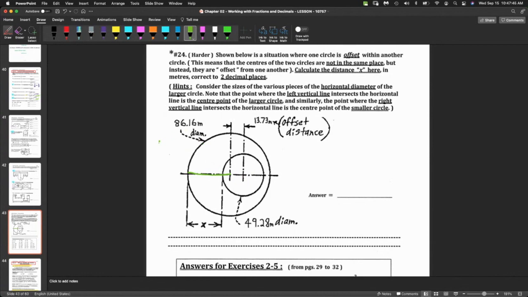So the radius of the big circle is 43.08 meters. I just divided it by 2. And the radius of this little circle right here is this guy divided by 2, which I did as 24.64.